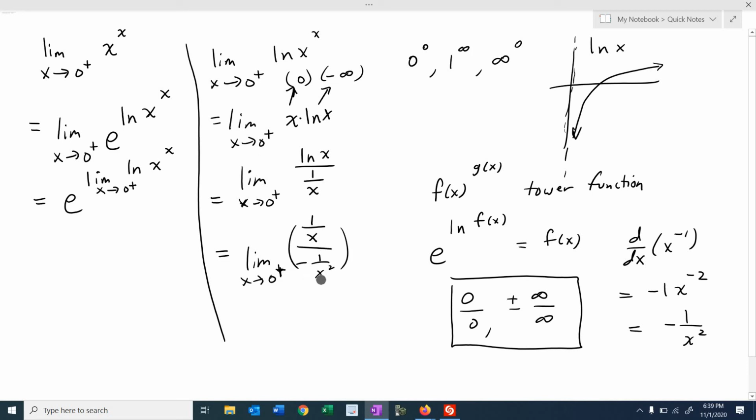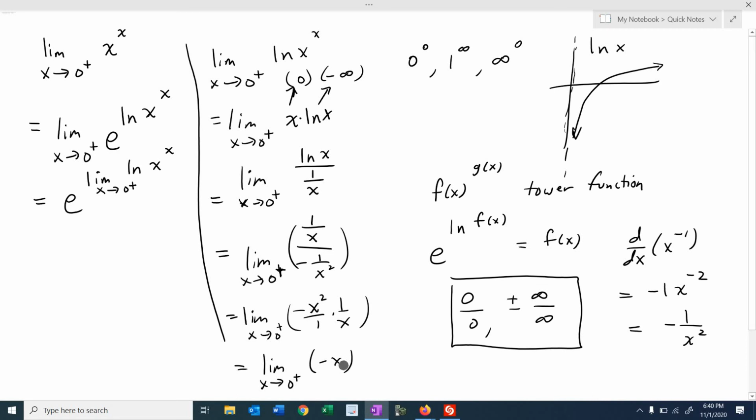And of course, to simplify this, you would just flip this and multiply by it. And of course, that cancels to negative x. Now we can evaluate this limit.